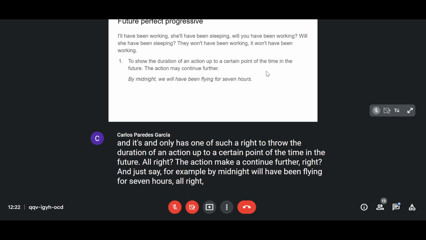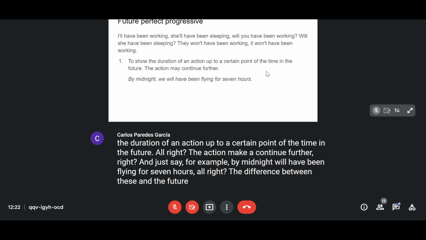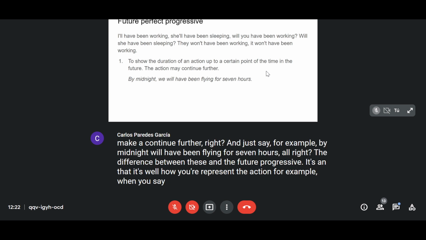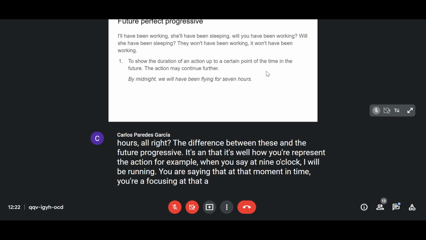The difference between this and the future progressive is how you represent the action. For example, when you say at 9 o'clock, I will be running, you are saying that at that moment in time, you are focusing on that particular point in time.